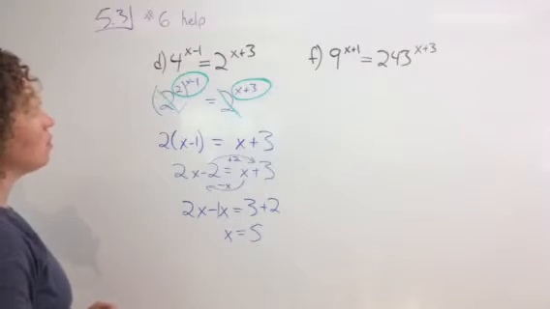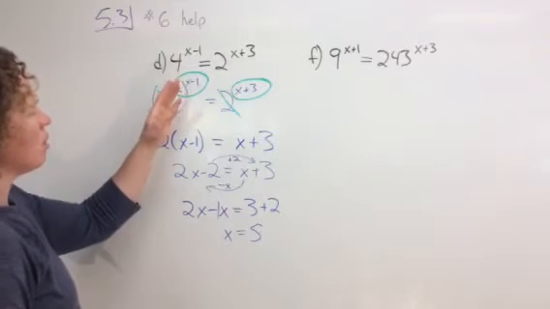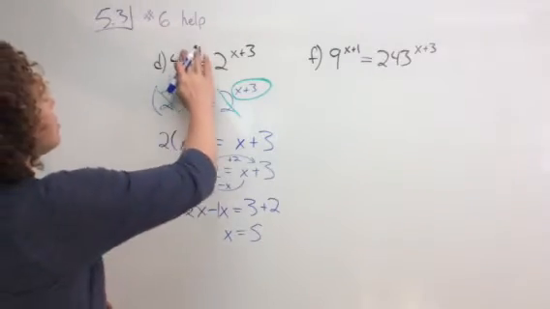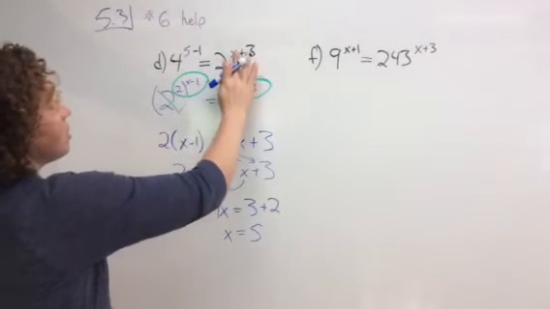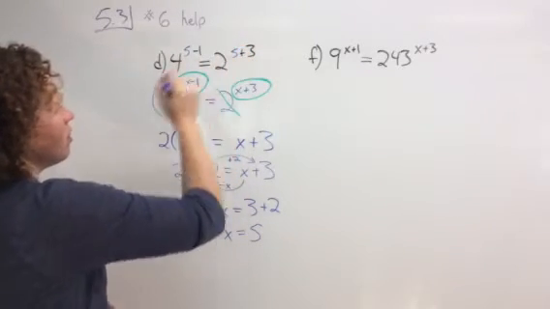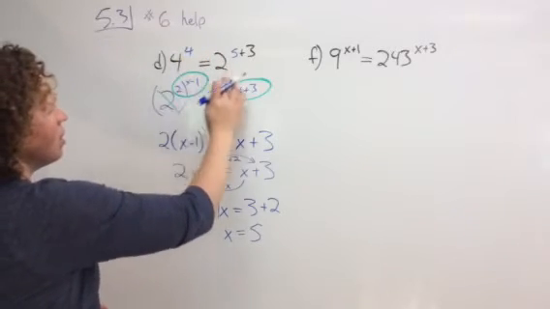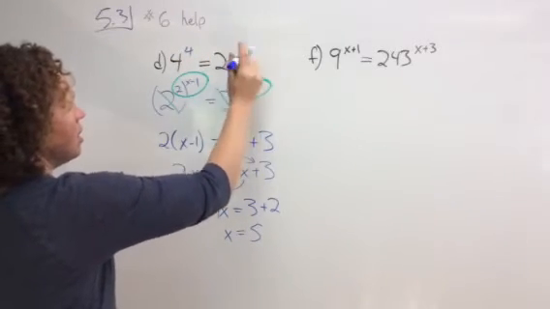Now if I wanted to, I could go back up to this equation and plug in the 5 and see if I'm correct. So 4 to the power of 5 minus 1 should be 2 to the power of 5 plus 3. 5 minus 1 is 4. 5 plus 3 is 8.